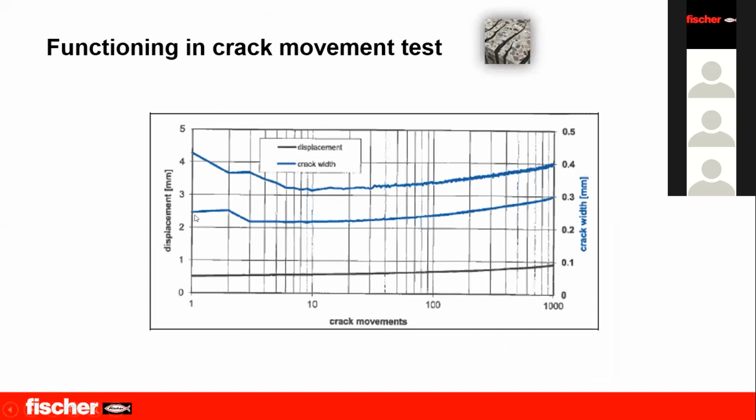This 2.5 millimeter is accepted because it should be less than the limit value mentioned in the European Technical Assessment. For example, if you test your anchor under a crack width of 0.4 millimeter, the displacement should not exceed 4.2 millimeter to be approved for cracked concrete.